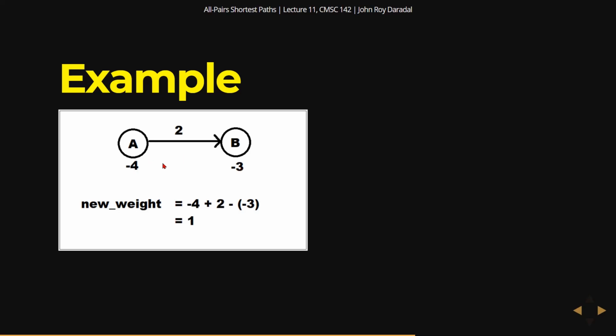So to reweight this, this is the original weight 2, and then we'll add -4, and then minus the value of B, so minus -3 is +3, so this becomes -4 plus 3 plus 2, so that becomes 1. So the new weight here will become 1 in the reweighted graph.